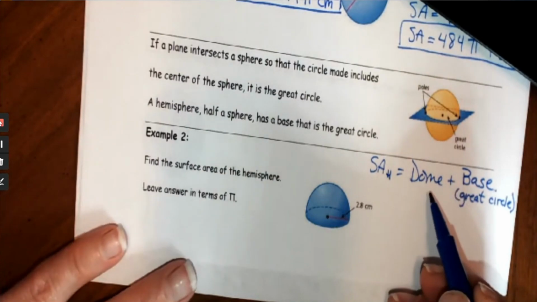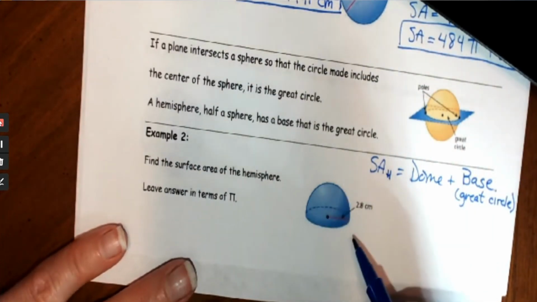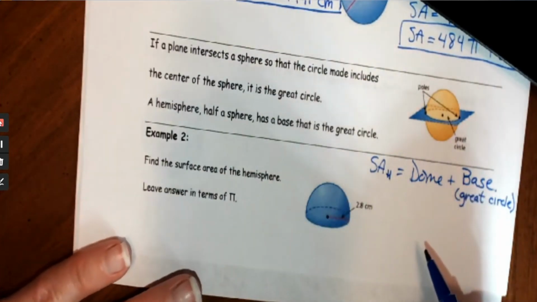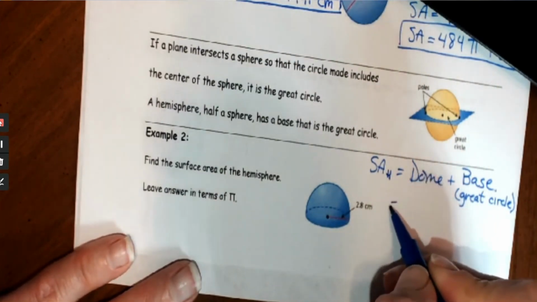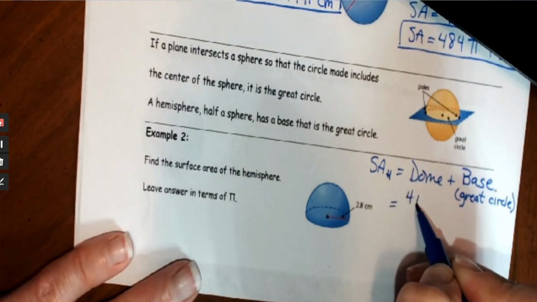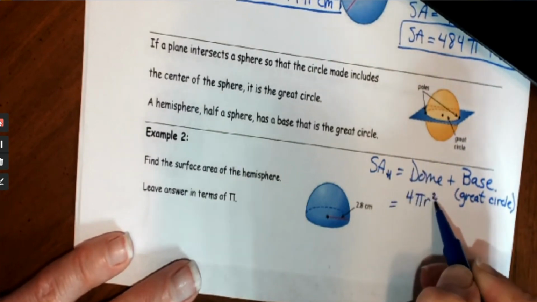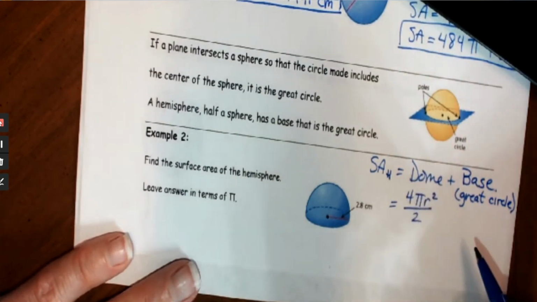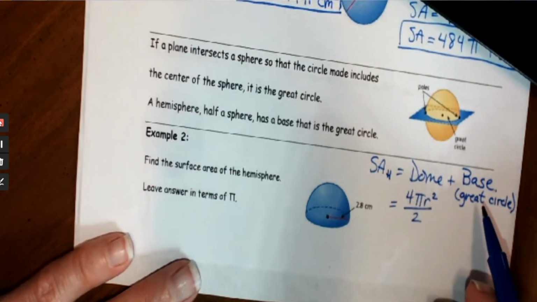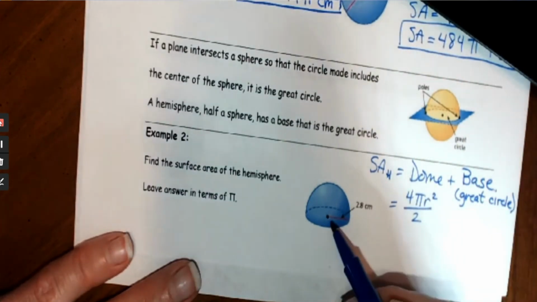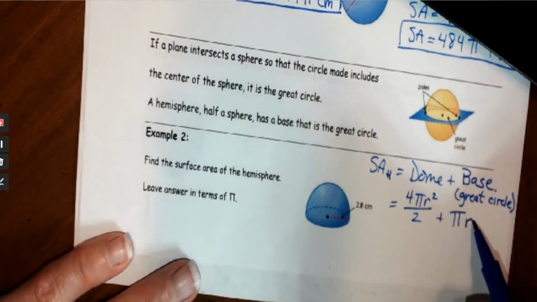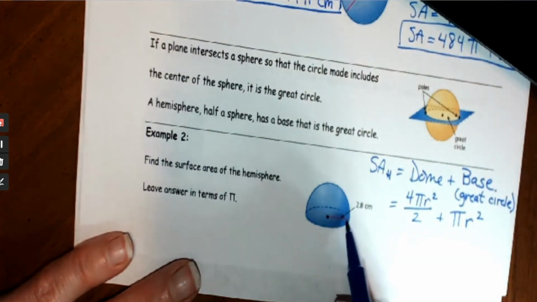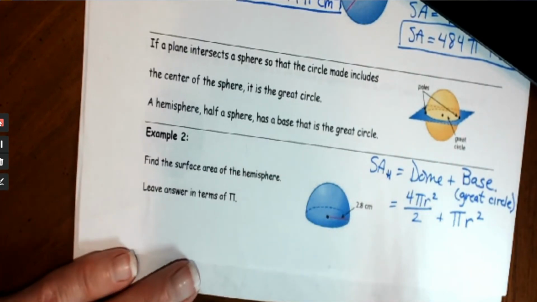Well, the dome part of our sphere is just half of the surface area of the whole sphere. So our dome part is going to be the surface area of the whole sphere divided by 2. And then the area of the great circle is just pi r squared because it's the area where the radius is the full radius of our circle.